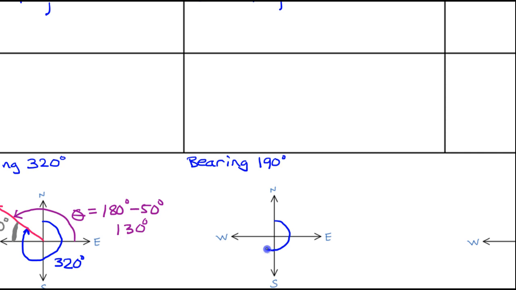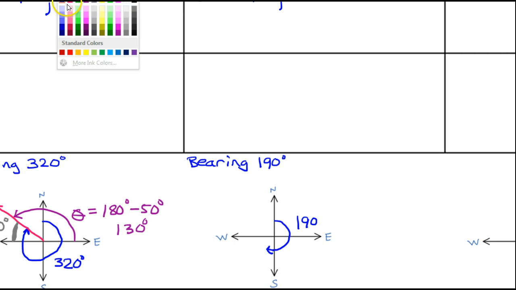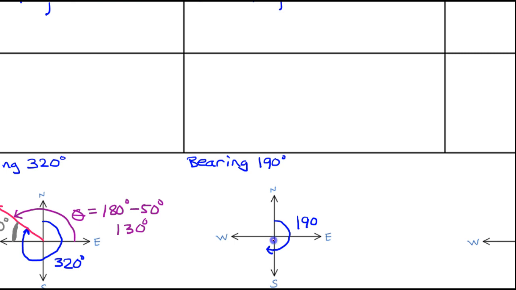So 190 degrees is just going to be a little bit past 180. Alright, so we are definitely talking about a vector in the third quadrant. Now, ultimately, we will need the reference angle, so we might as well find it right now. So let's figure out what this reference angle is.